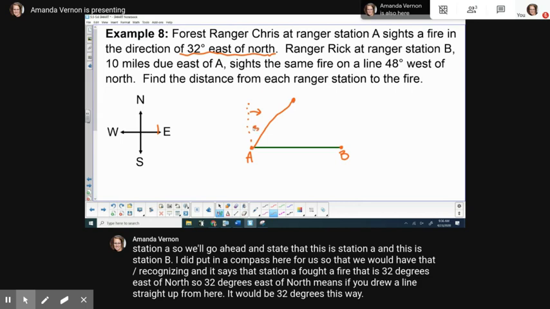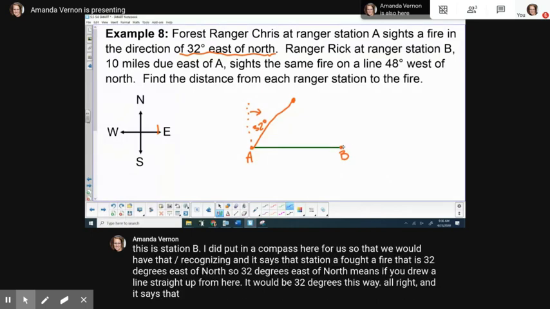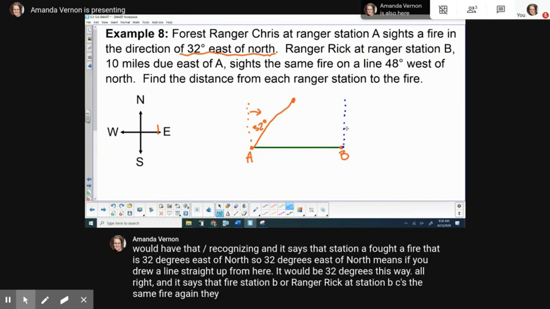All right. And it says that Fire Station B, or Ranger Rick at Station B, sees the same fire. Again, from due north it was west of north, and that was 48 degrees.